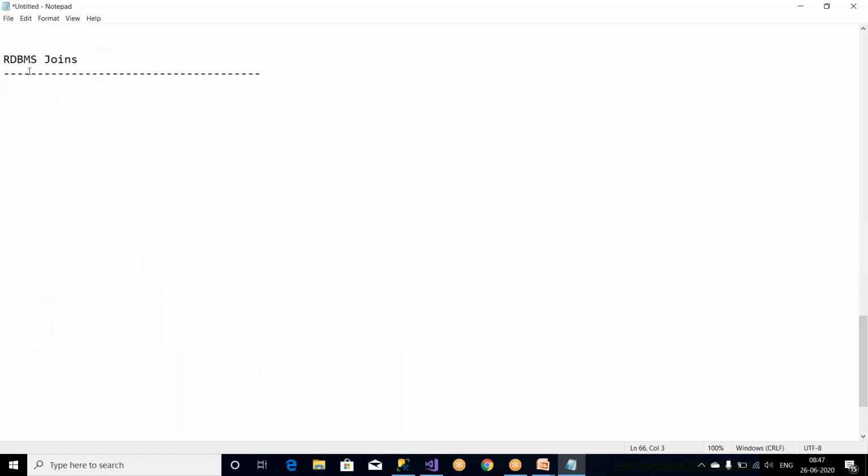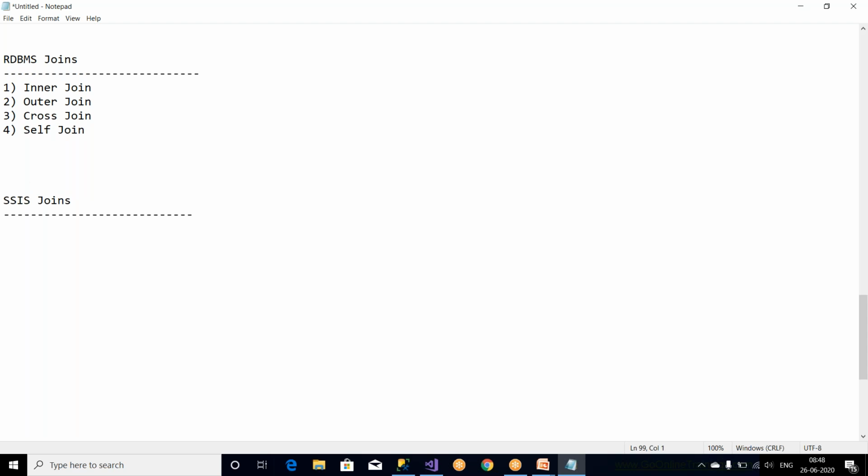Now, in RDBMS we have joins, and we also have SSIS joins, right? When you go in for RDBMS joins, what are the joins in RDBMS? Let us understand. We have 4 types of joins. One is called inner join, then we have outer join, then we have cross join, then we have self join.